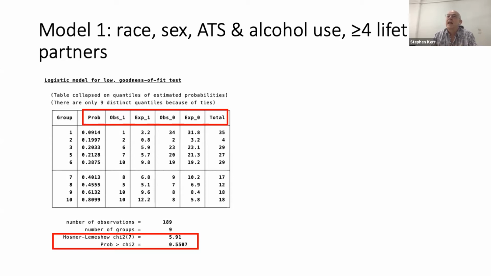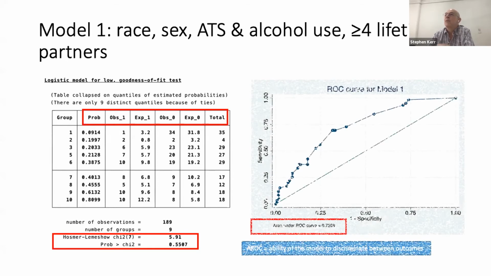We can see the observed number of events and the expected number of events, and the observed number of people who don't have an STI and the expected number who don't have an STI if we apply that model. And then you can see that the expected and the observed numbers are quite close across all of the deciles. And we look at the Hosmer and Lemeshow goodness of fit test, and we get a probability of 0.55, which shows us that the model fits adequately.